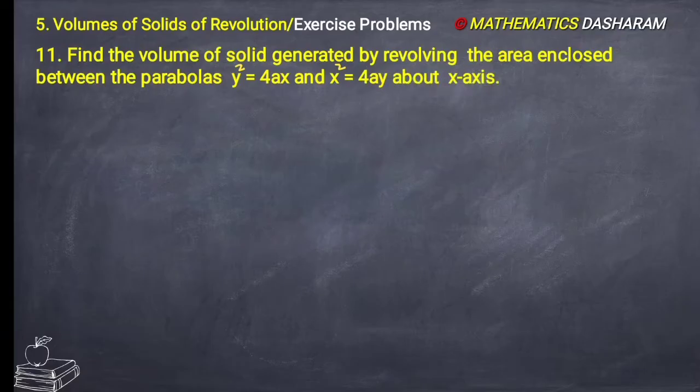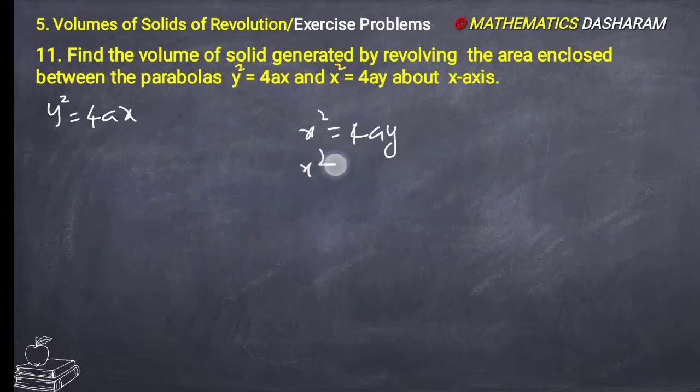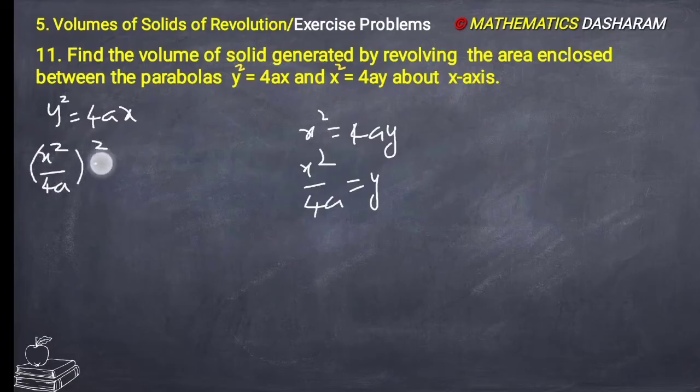To find the x values, first y square equals 4ax. In this, substitute the y value: from x square equals 4ay, x square by 4a equals y. Substitute this value here. So x square by 4a whole square equals 4ax.